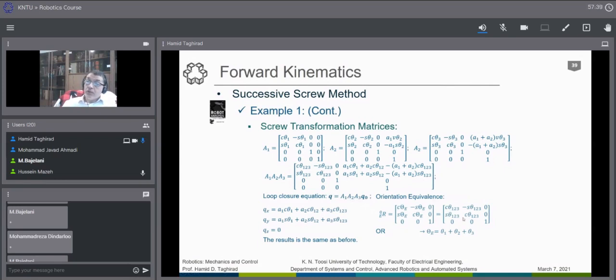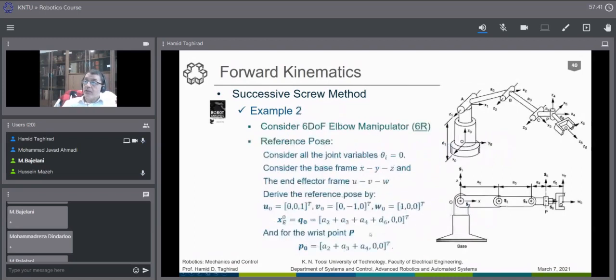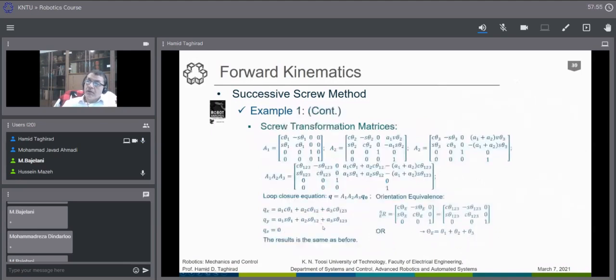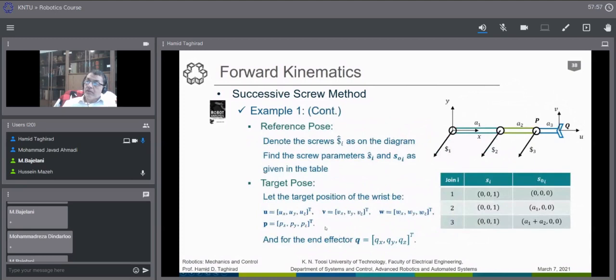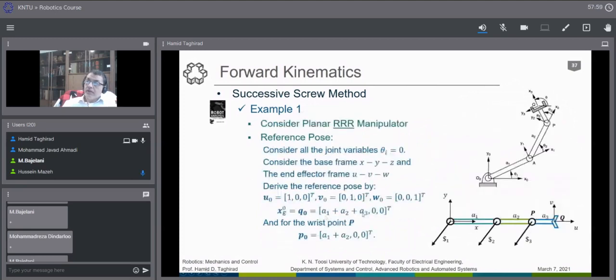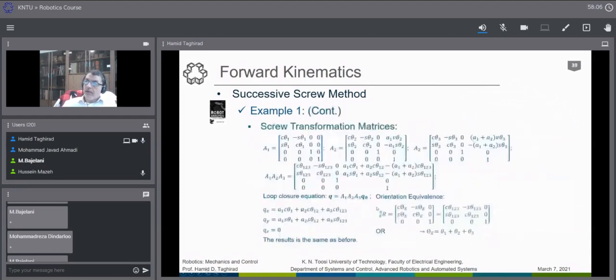Q0 is that. If we put it here, can we get this solution?